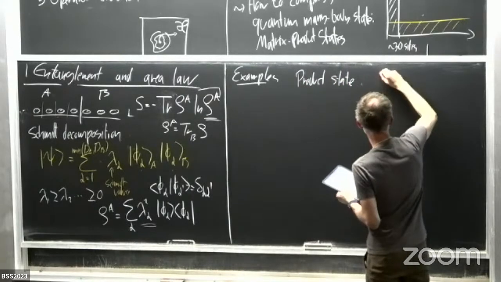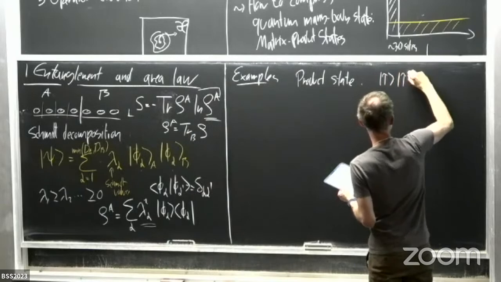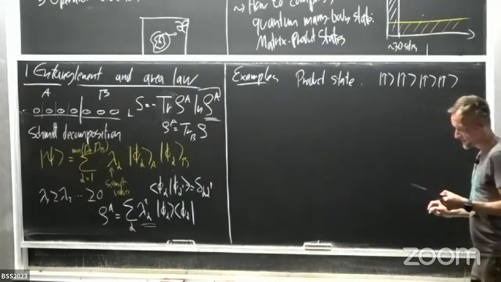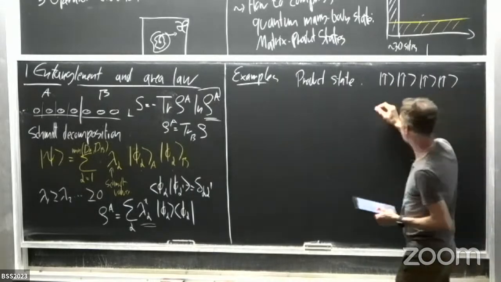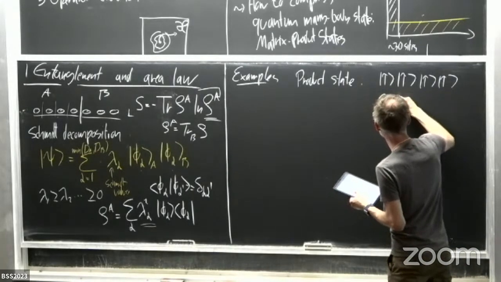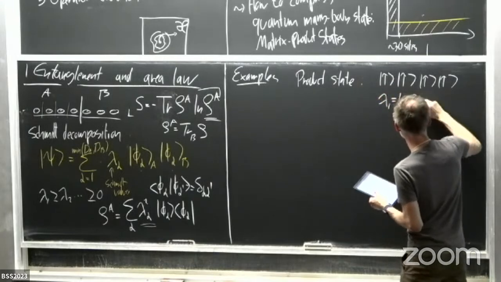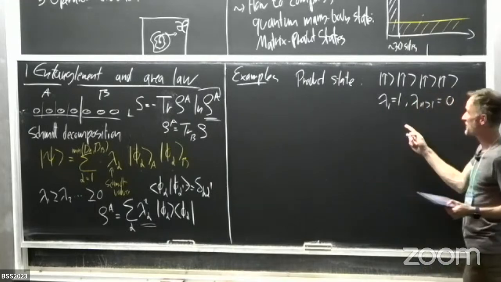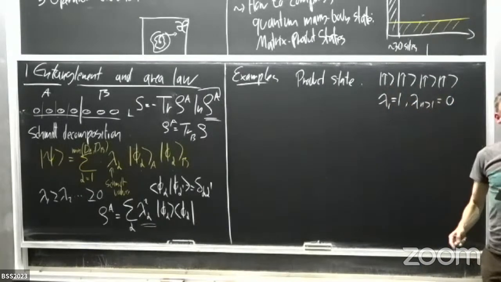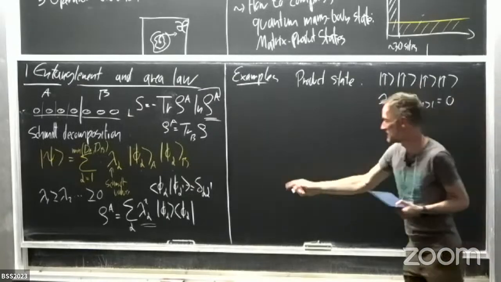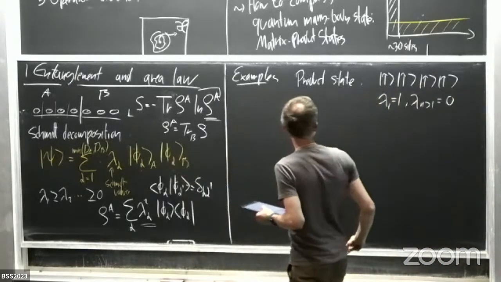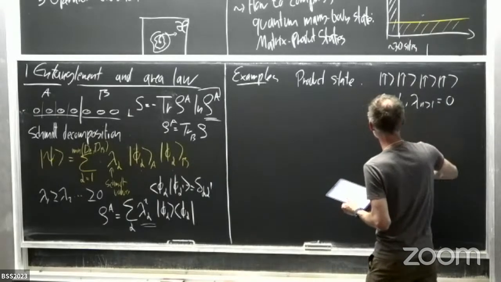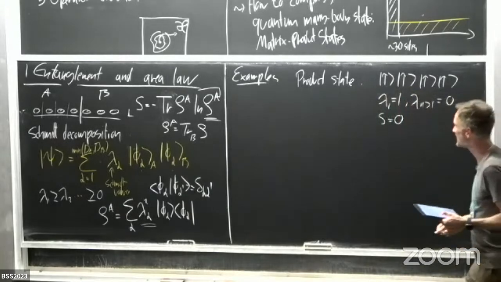In this case, we find that lambda 1 is equal to 1, and all lambda_n for n larger than 1 are 0, right? And then these are immediately the dominant Schmidt states that we have. Accordingly, the entanglement entropy is 0. This is a non-entangled state.